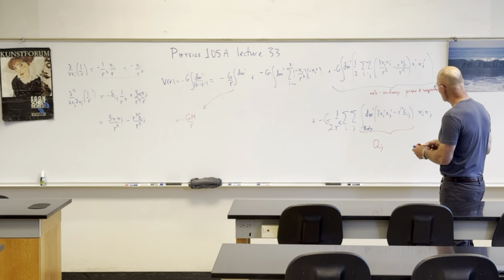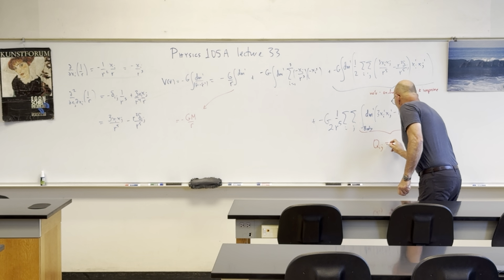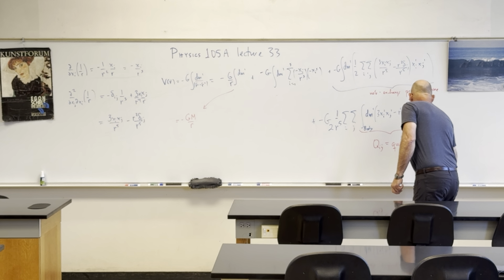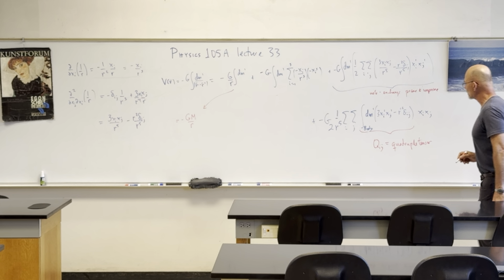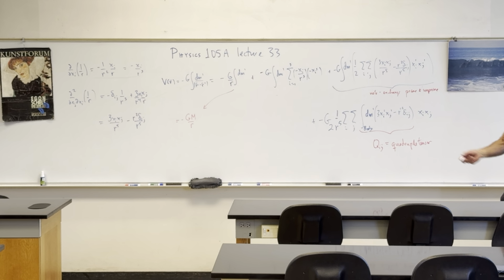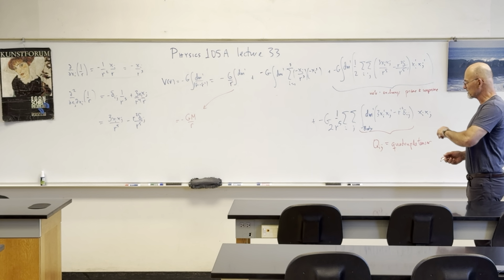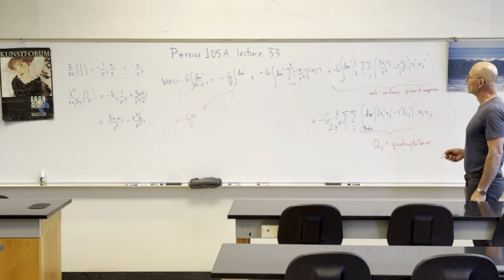So this Qij is called the quadrupole tensor. These square matrices are very common, and we're going to calculate one of these before the hour is over.